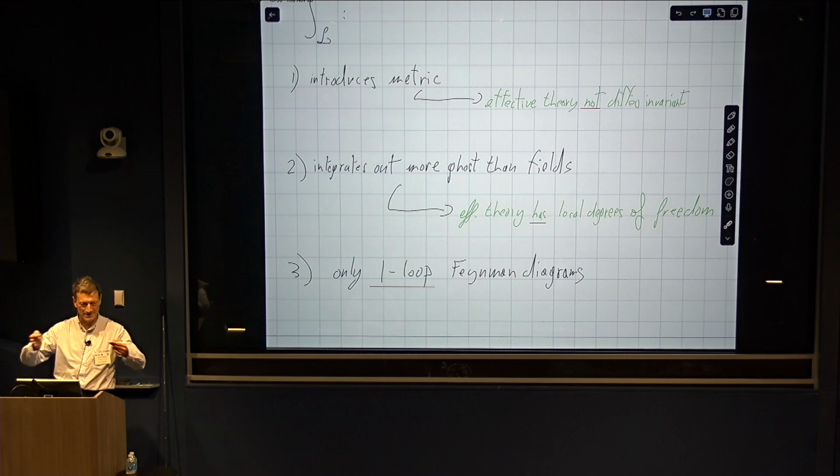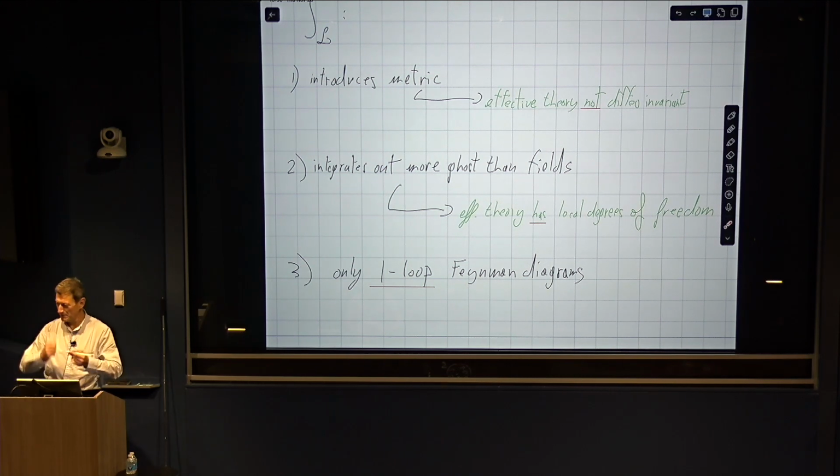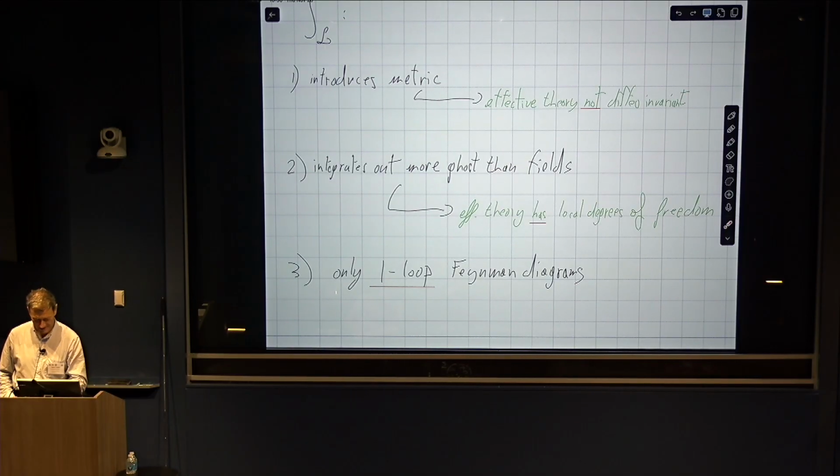You really have to go to the BV cohomology, so it's not essentially the ghost number 0 part of the cohomology. It's not only the fields, but the fields modulo their own gauge transformations. The effective theory here will have fewer fields than the original theory. We are integrating out some of the fields, but we are integrating out even more possible gauge transformations. So we're breaking the symmetry more than the number of fields we get rid of. As a result, the effective theory will have local degrees of freedom.